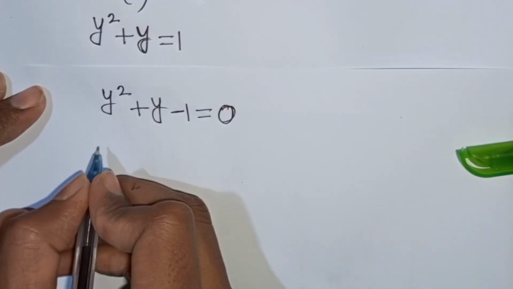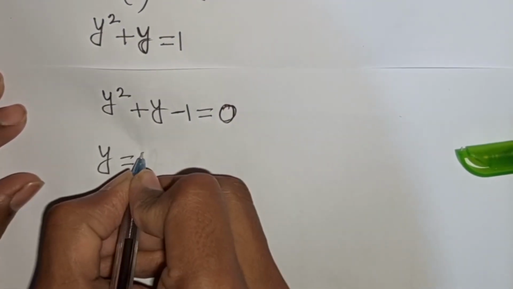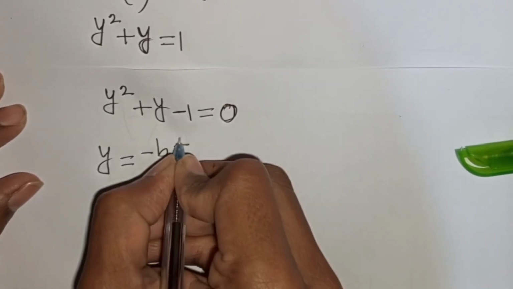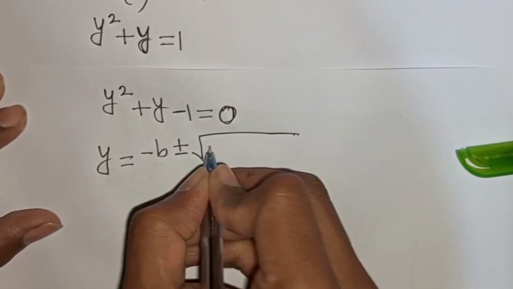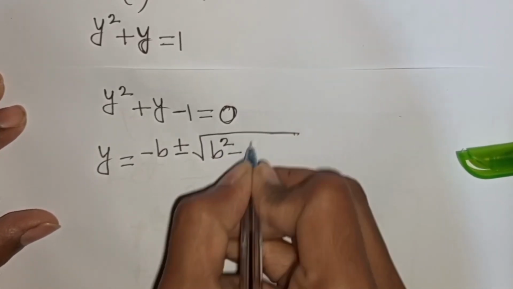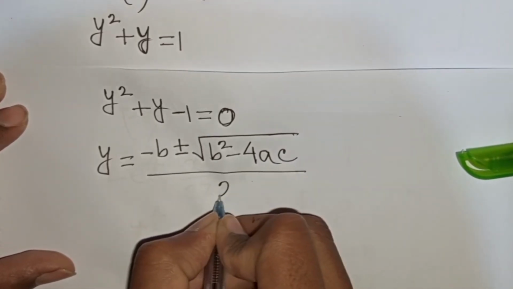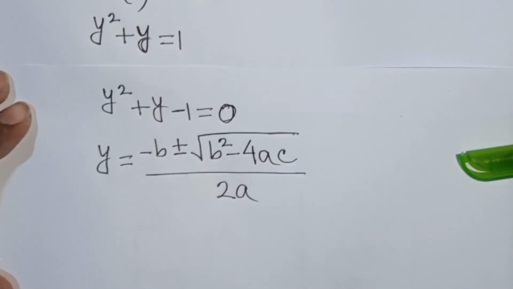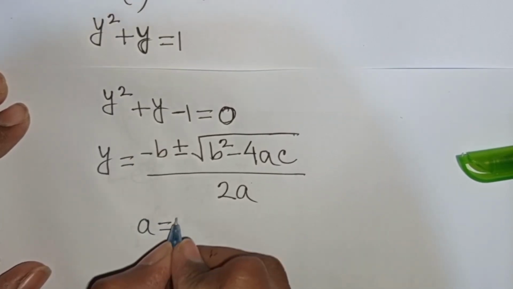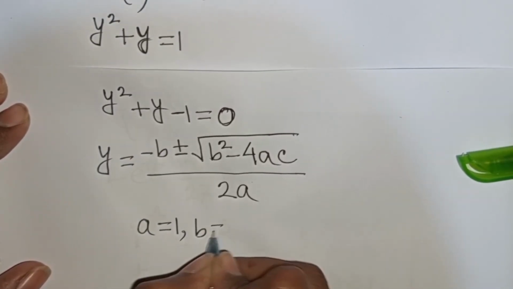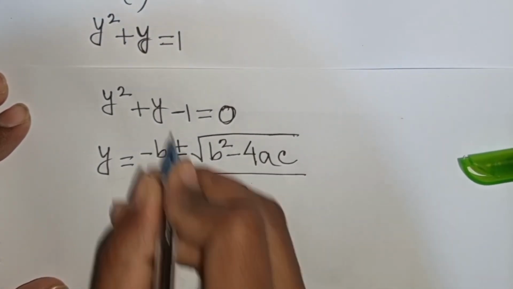Now here you can apply the quadratic formula. So you can write y is equal to minus b plus or minus square root of b square minus 4ac, divided by 2a. Here a will be equal to 1, b will be equal to 1, and c will be equal to minus 1.